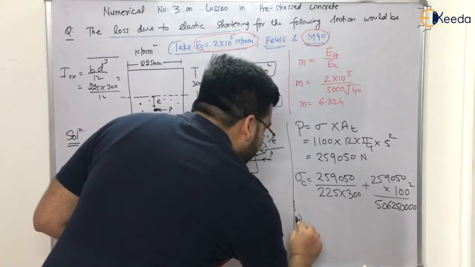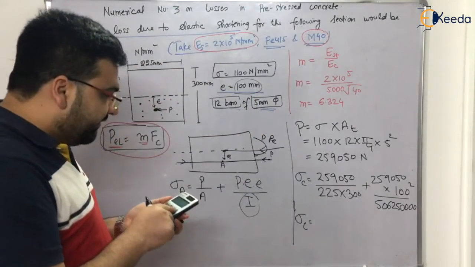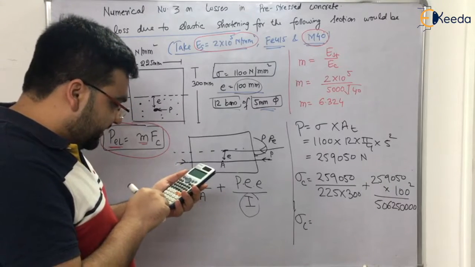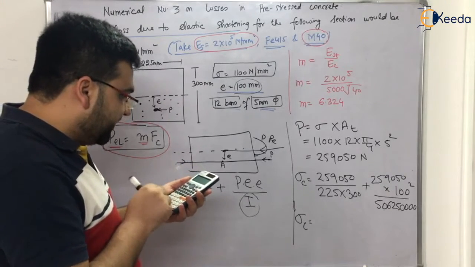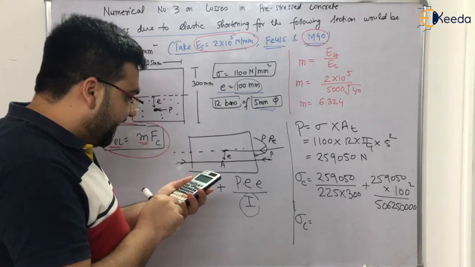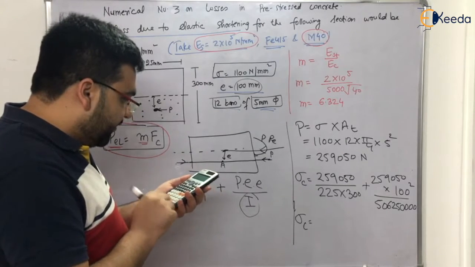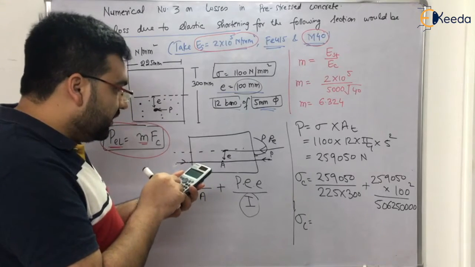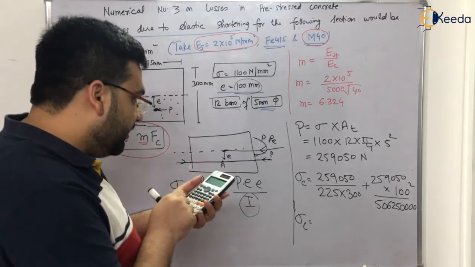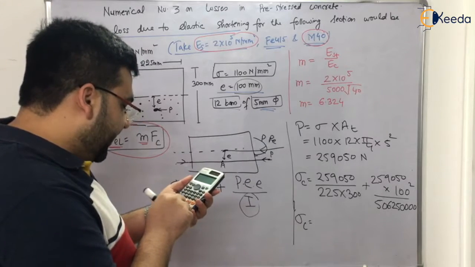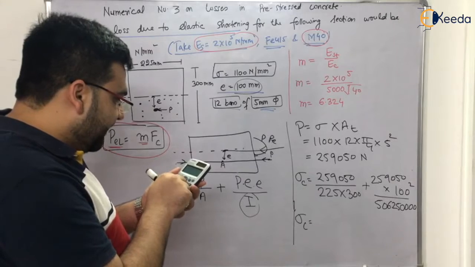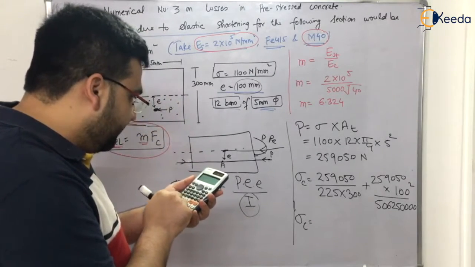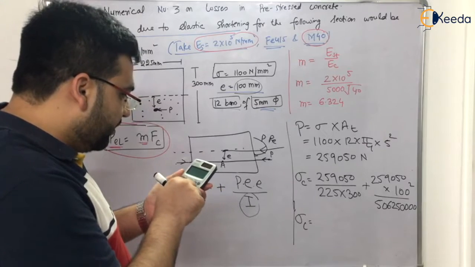So let me calculate how much it is coming. Stress in concrete equals 259,050 divided by 225 into 300, plus in brackets 259,050 into 100 square divided by 50625 0000.